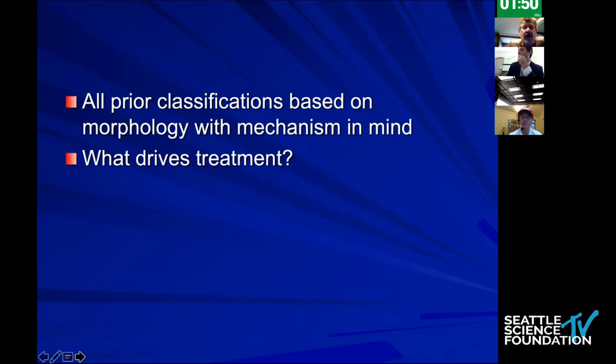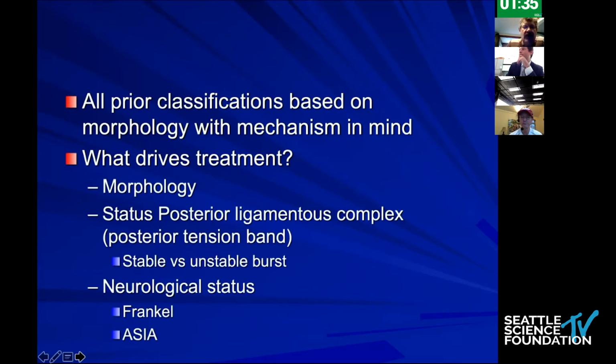So all these prior classifications were based on morphology with mechanism in mind, but in reality, what drove treatment even back then? Morphology, which is what we've been talking about, the status of the posterior ligamentous complex, which is really how we define stable versus unstable burst, and then neurological injury.